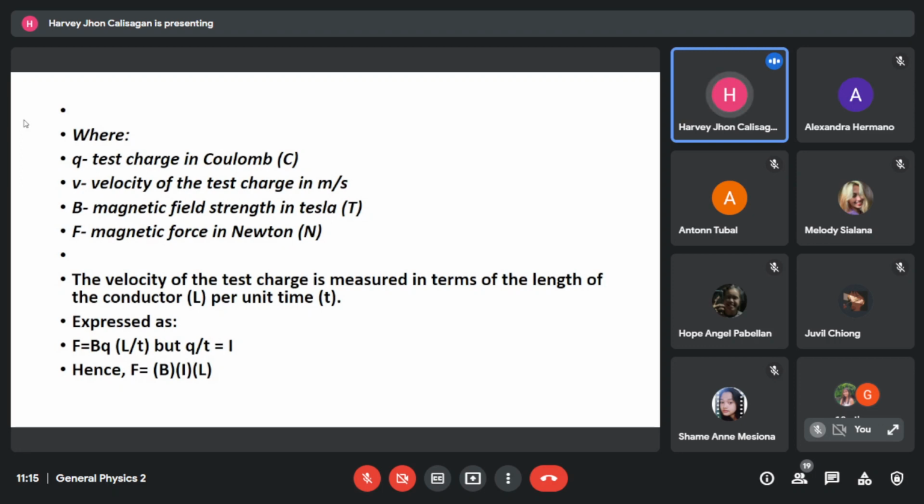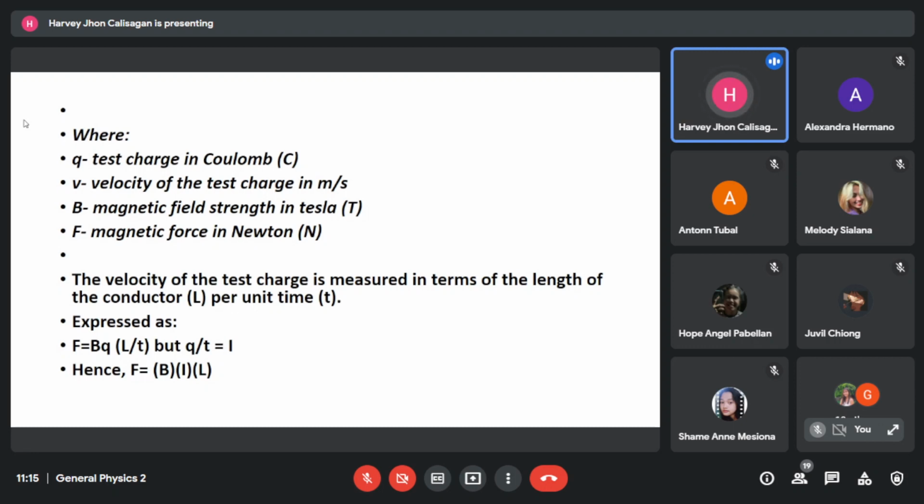So our final formula can either be F equals B times I times L, or F equals B times Q times L divided by T. The use of this formula depends on the problem given. Not all problems provide the real idea of what to find from the given formulas.